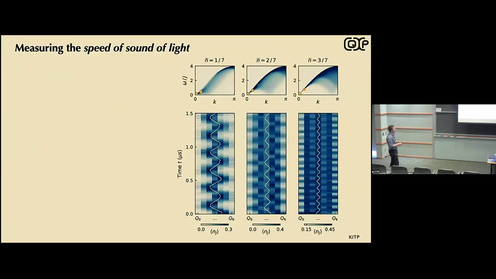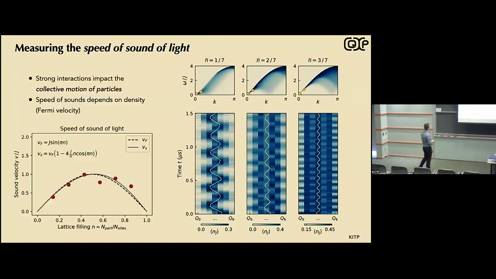We can see that the sound velocity has some dependence on the density, or on the number of particles you have in your system, and that's expected again from Tonks gas theory, where your sound velocity matches your Fermi velocity, and it has a well-defined dependence on the filling of particles in your lattice.